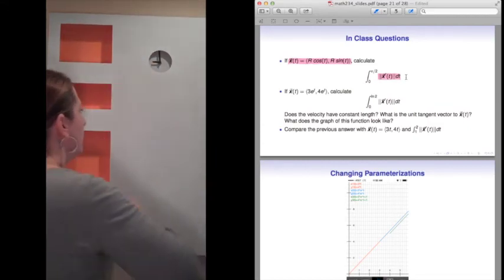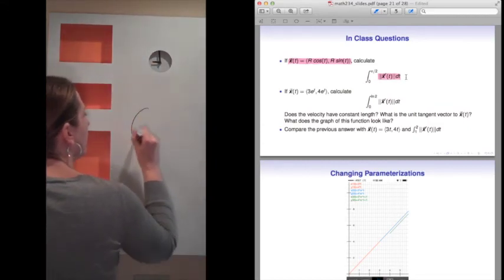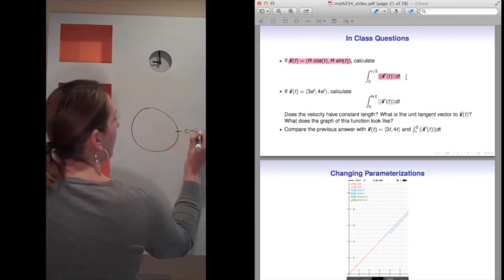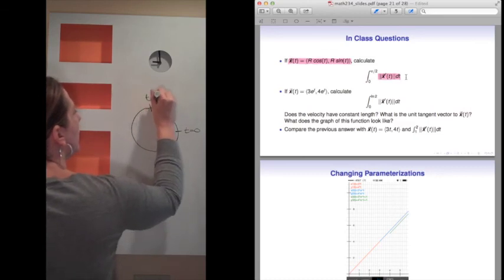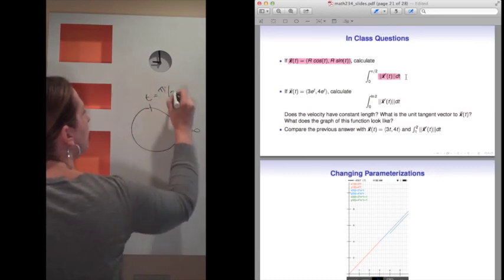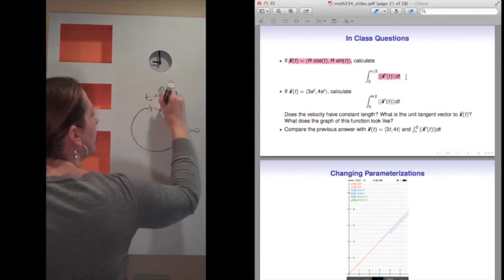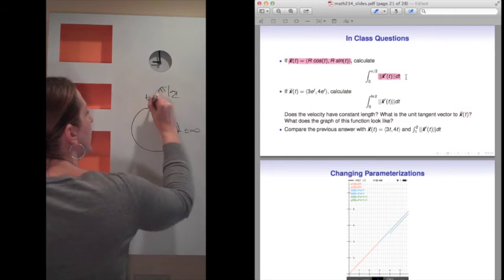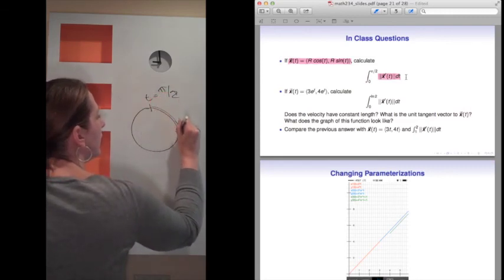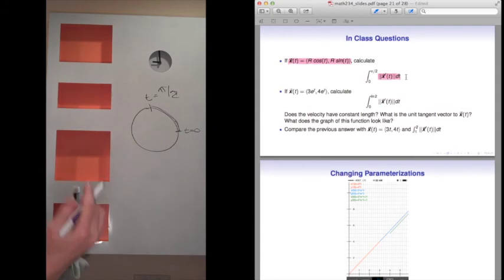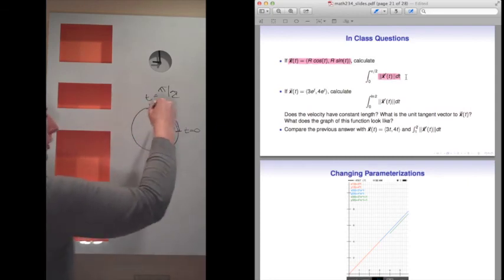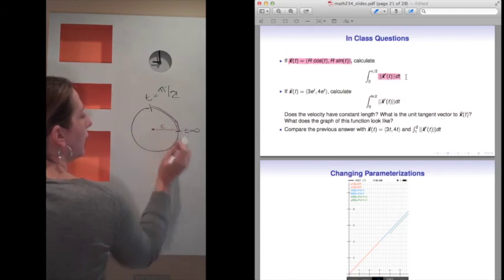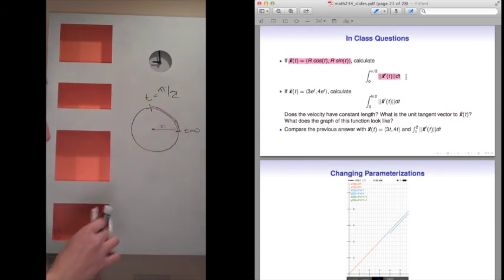So here's my circle, and I'm parameterizing it from t equals 0 to t equals pi over 2, and I'm asking you to calculate this arc length. You should know the answer because you know the total length around the curve, but go ahead and do it as an integral formula.